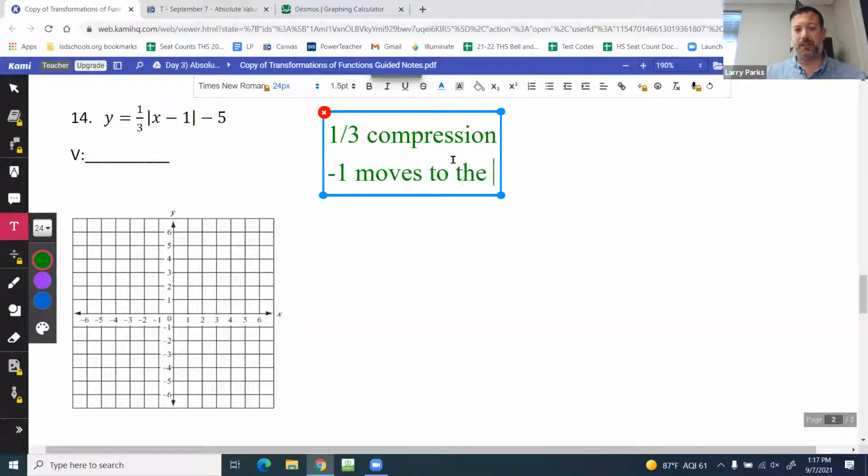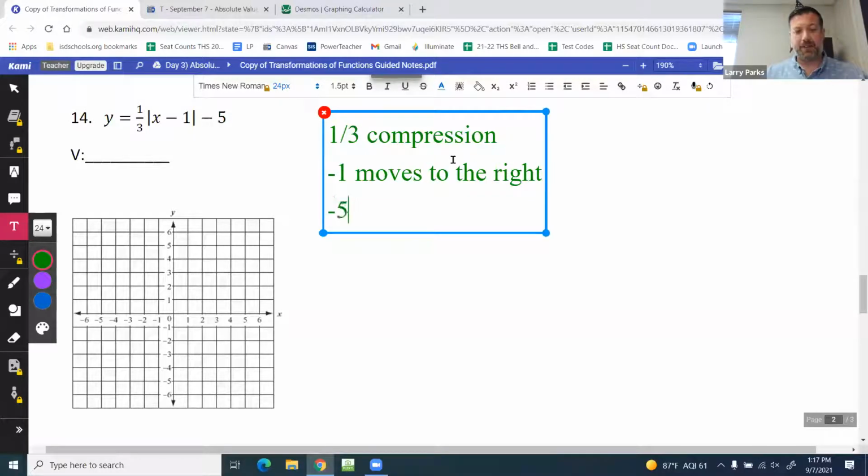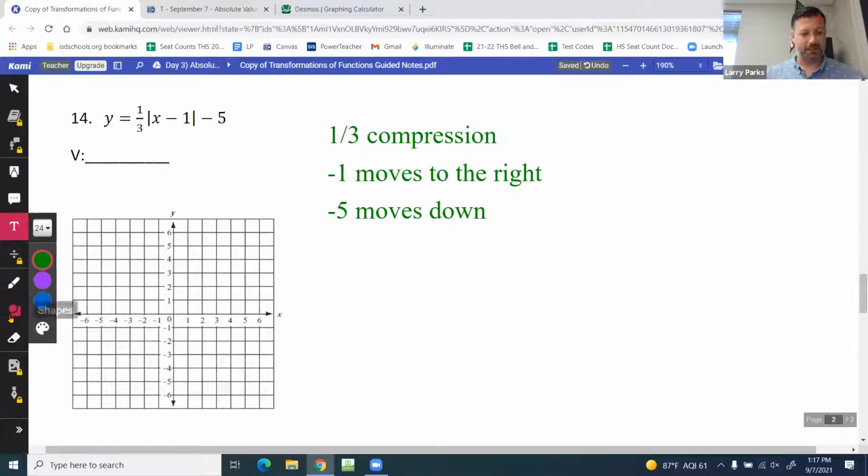Moves to the right. What does a -5 do? Moves down. Okay. All right, now I got it. So starting from the center, the origin, I need to move 1 to the right and then 5 down. This is my vertex.